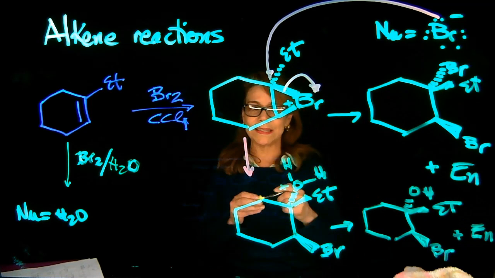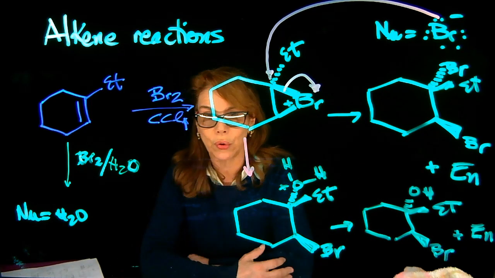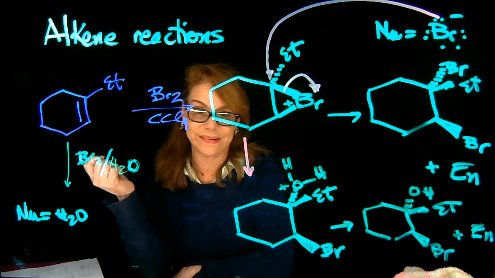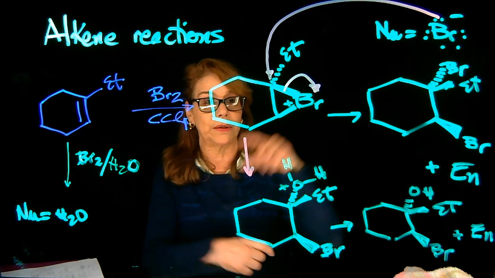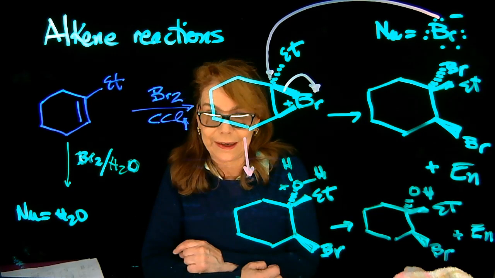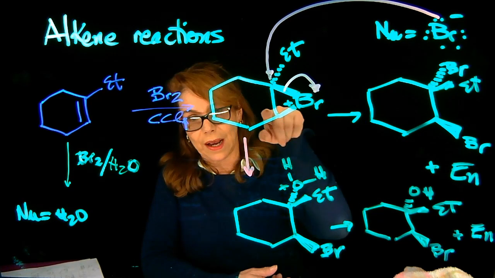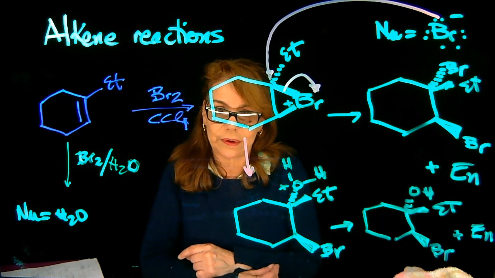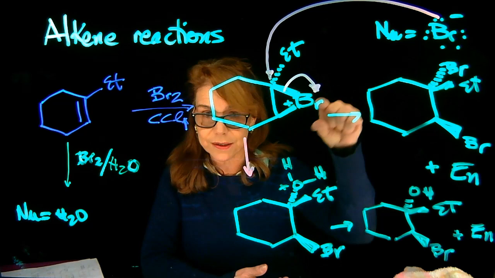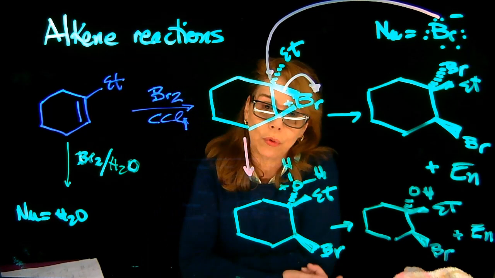So again, what has changed in the two reactions? The nucleophile. They both go through the same intermediate, and every time you form those cyclic intermediates like that, the attack is on the more substituted carbon. There is a lot of ring strain, so it will open, and it will open on the opposite side.